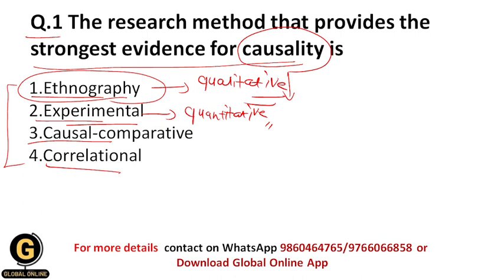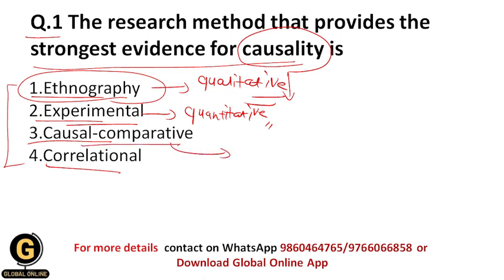So within the experimental method, we test the cause and effect relationship between the variables, and we get the strongest evidence in this kind of research, because we test the hypothesis by using different statistical techniques, and finally we get the results based upon our observations and proper evidence. That's why the experimental method gives us the strongest evidence for causality, that is, the cause and effect relationship between the variables.